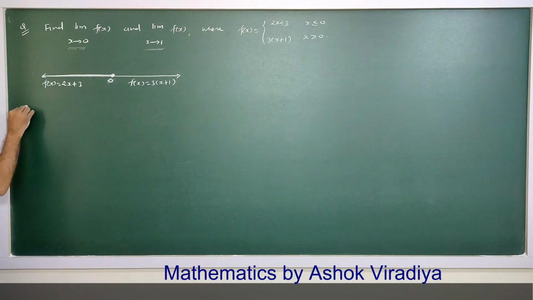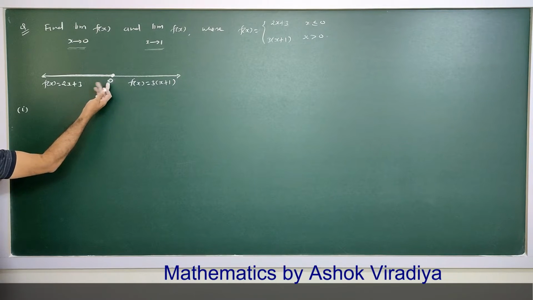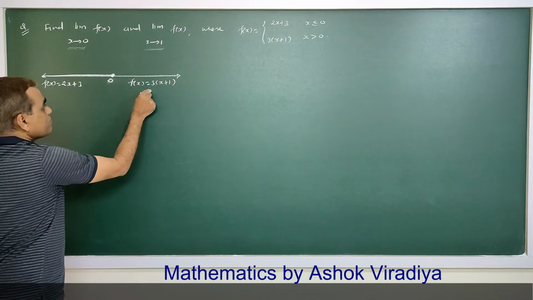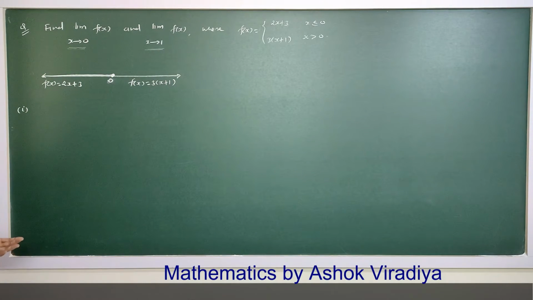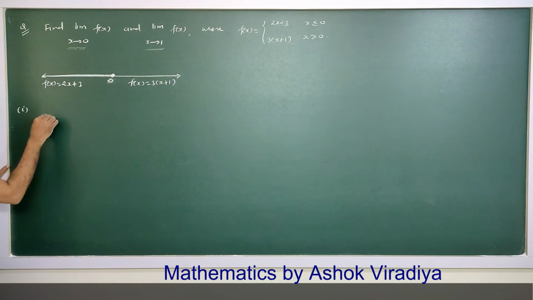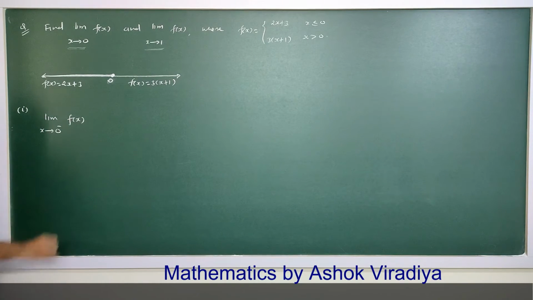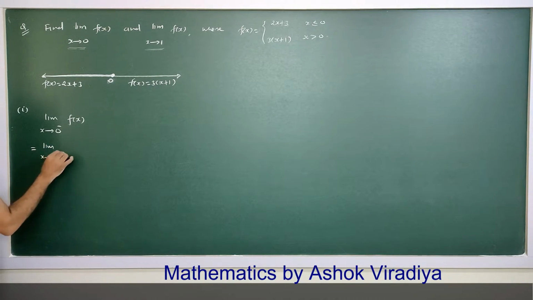Now say here, at 0, if x is less than 0, this is the formula. If x is more than 0, this is the formula. And at x equal to 0, we want a limit. So let us find the left limit as well as the right hand limit. So limit of f(x), x tends to 0 from left, it is equal to limit x tends to 0 from left.